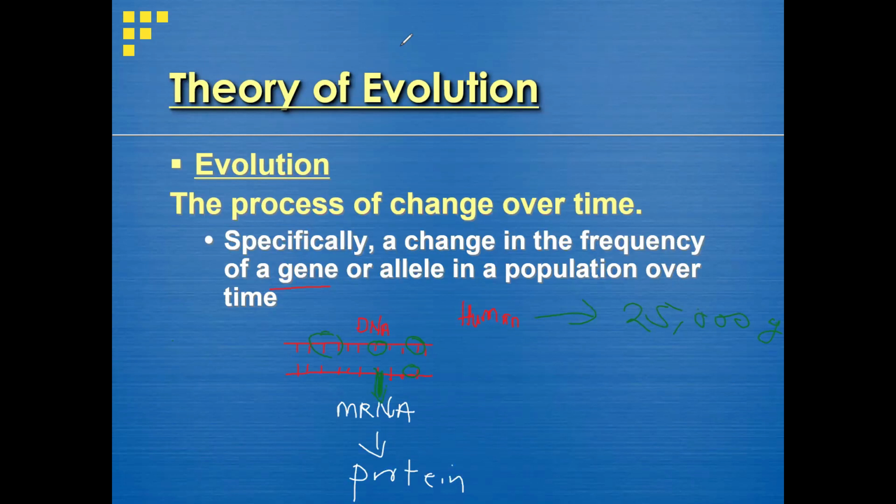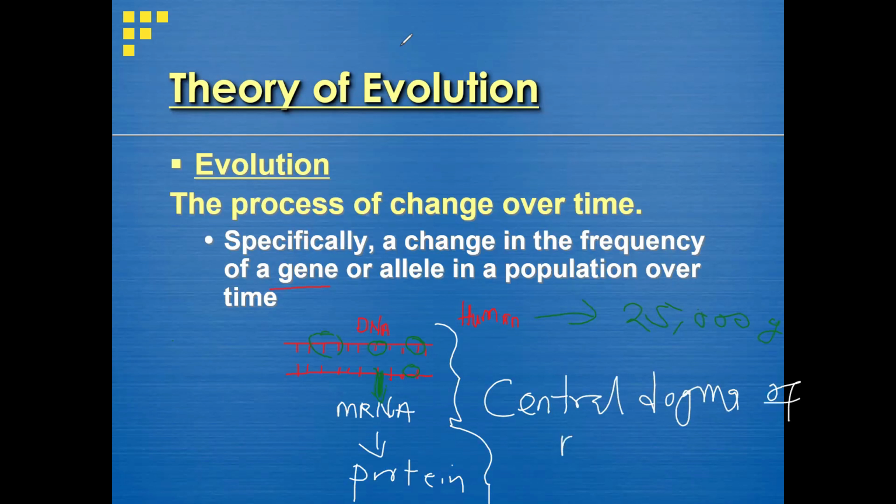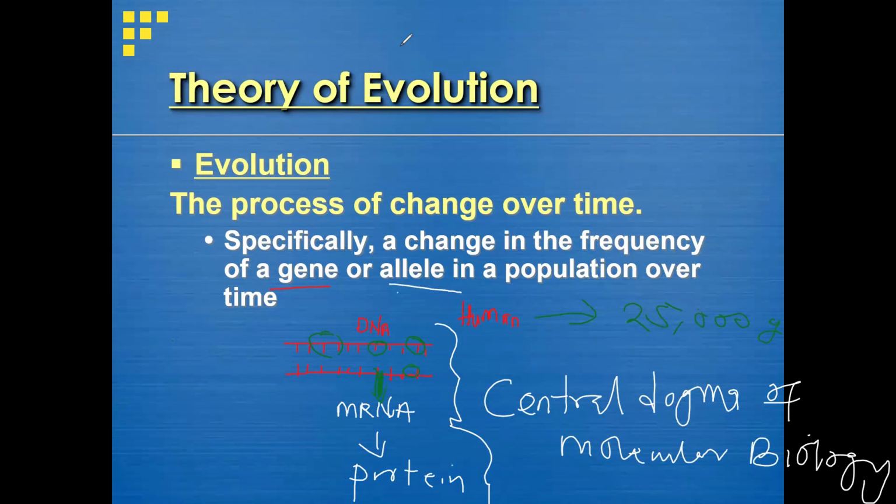This process of changing DNA into RNA and from RNA into protein, we call the central dogma of molecular biology. So the change in the frequency of these genes or alleles in a population over time is what brought the concept of evolution. Ladies and gentlemen, we should understand this.